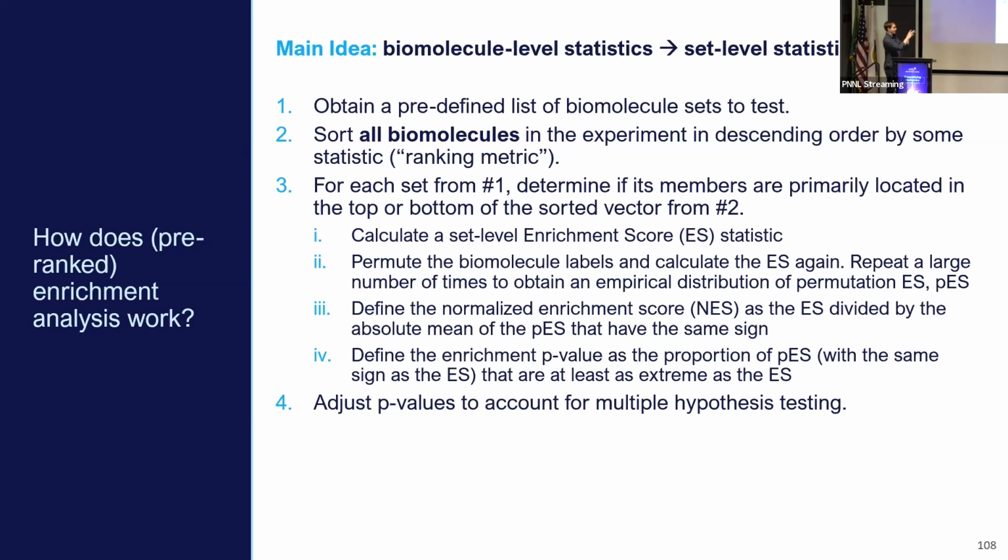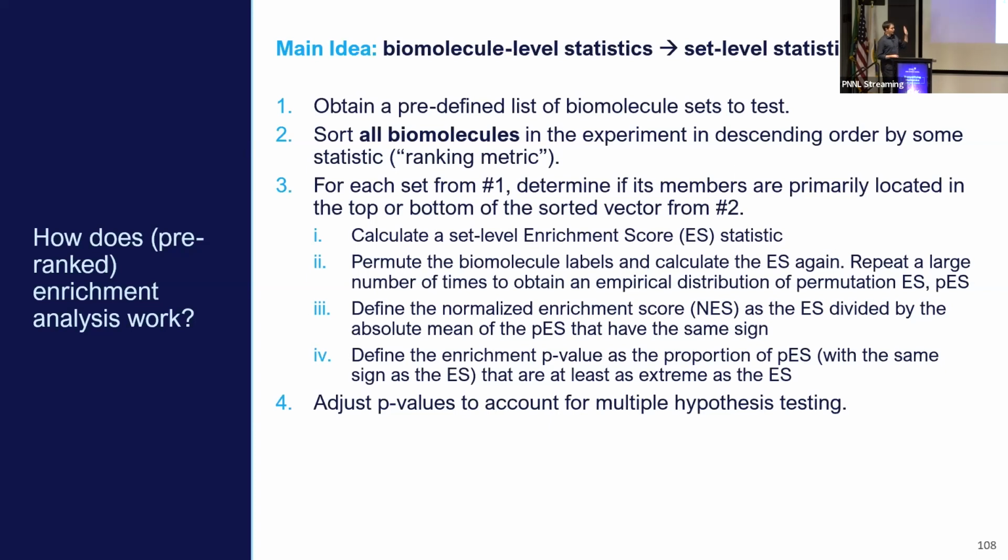That is, that the genes in the set are randomly distributed throughout your ranked list because of this permutation. So from there, you can simply define the enrichment p-value, and it's actually a little more complicated than this. You can define it as the proportion of these permutation enrichment scores that are as or more extreme than your original score for a given gene set.